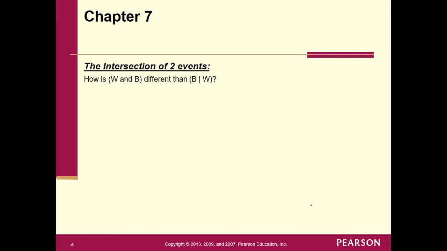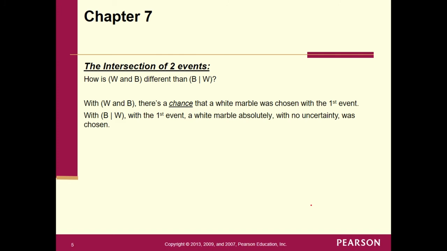But before we actually do that, I want to make sure that we know the difference between these two things, because students get them mixed up all the time. How is the intersection of W and B different than B given W? With the intersection of W and B, there's a chance that a white marble was chosen with the first event.